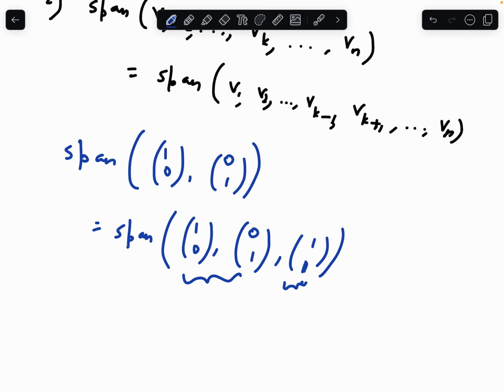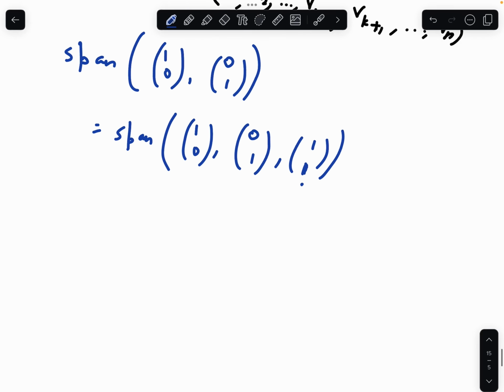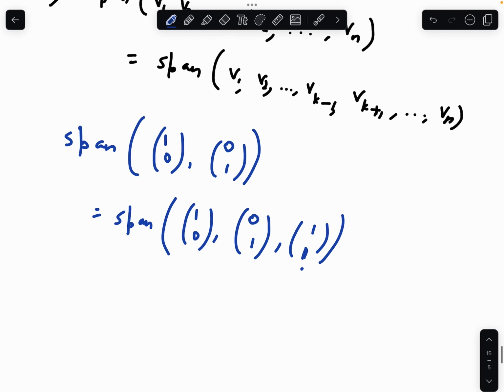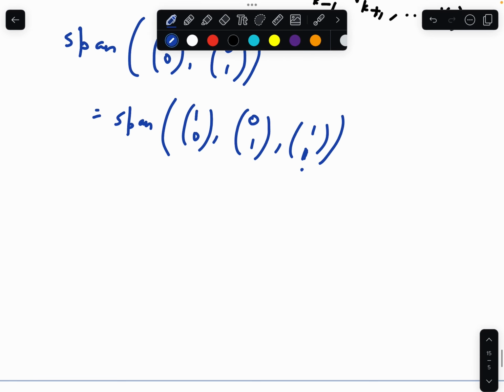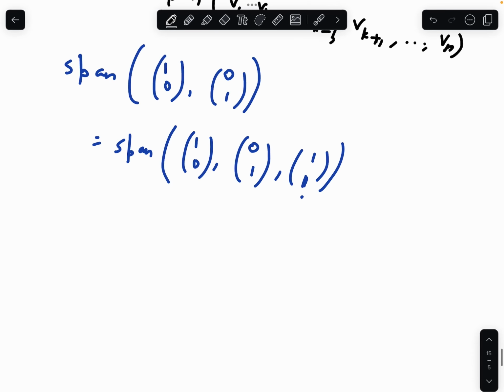This is just equal to this plus this. So if we remove this, nothing happens to the span. We removed this, knocked it out, and the span remains unchanged. Right? Now let's note another result as well.